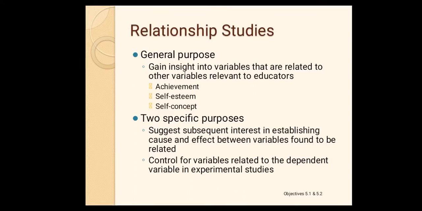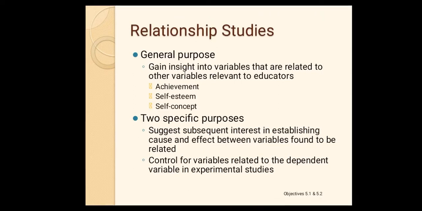The first is to suggest subsequent interest in establishing cause and effect between variables found to be related. They help researchers identify related variables for subsequent examination in causal, comparative, and experimental studies.